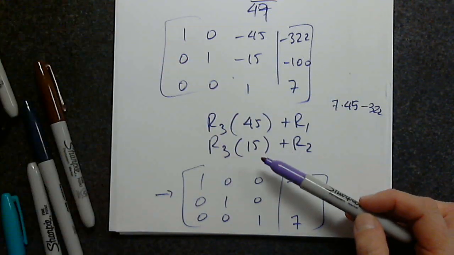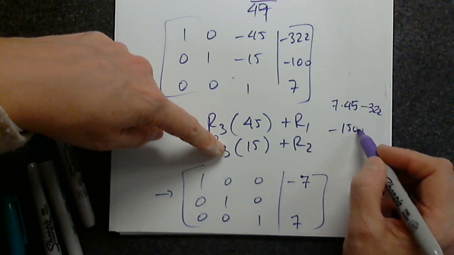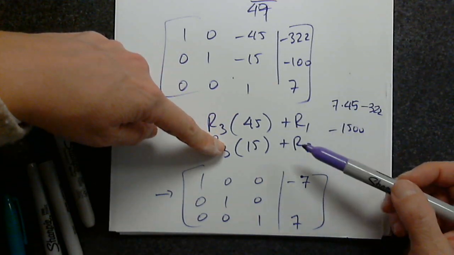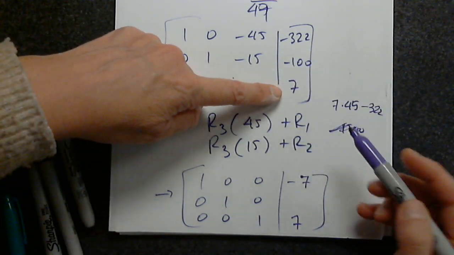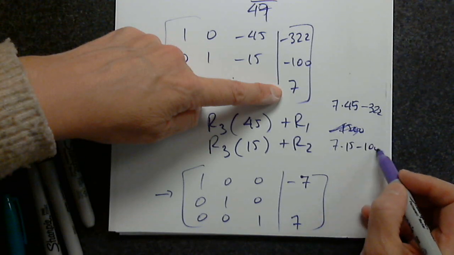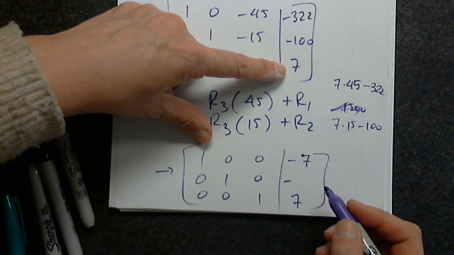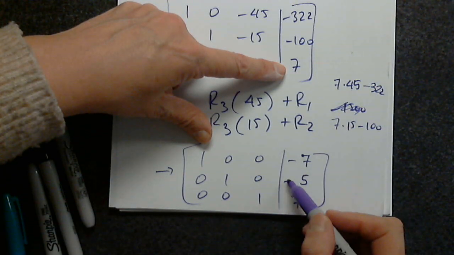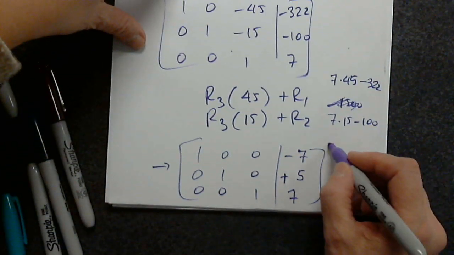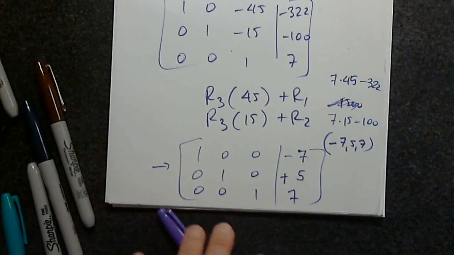And finally, times 15. 7 times 15 and minus 100. Okay, so it appears that the solution is negative 7, 5, 7. And remember what I showed you last time?